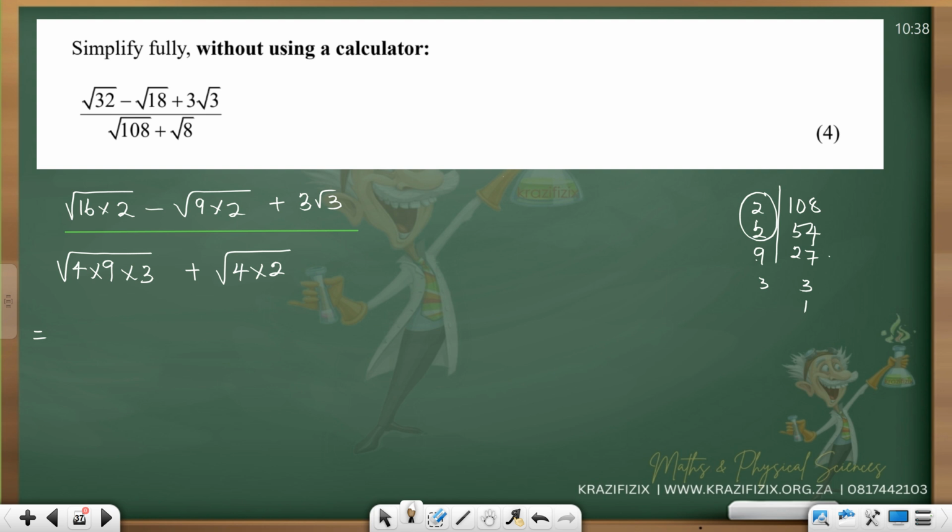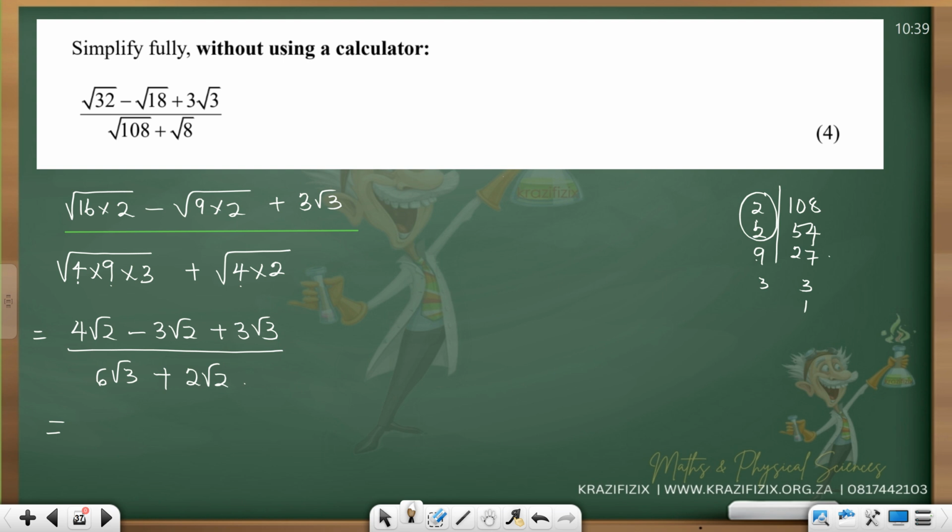Now, what is the square root of 16? 4 root 2 minus 3 root 2 plus 3 root 3 over 4 times 9 is 36. And what's the square root of 36? 6 root 3. What's the square root of 4? 2 root 2.